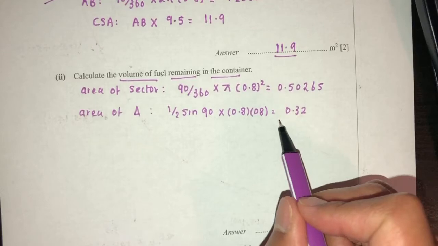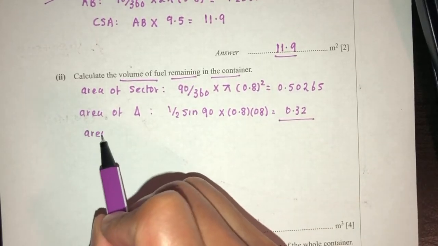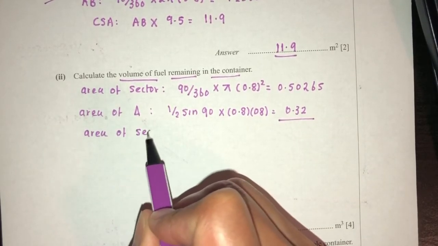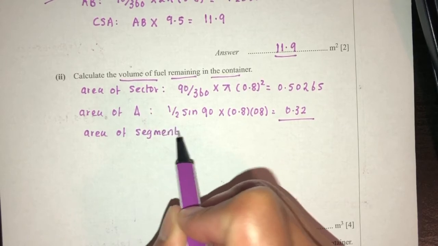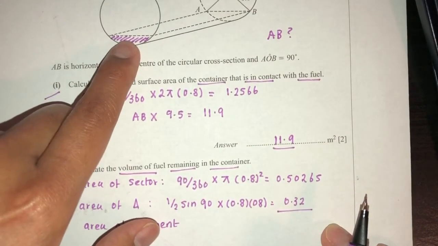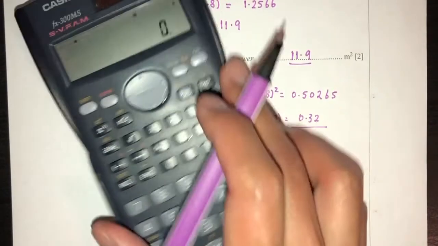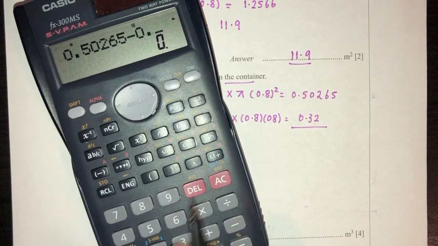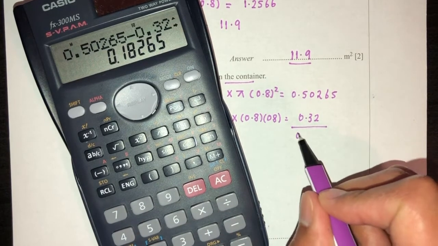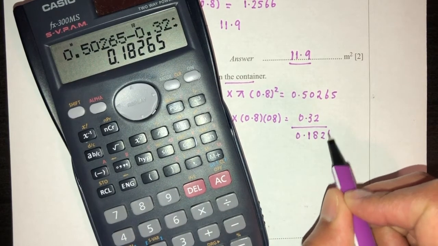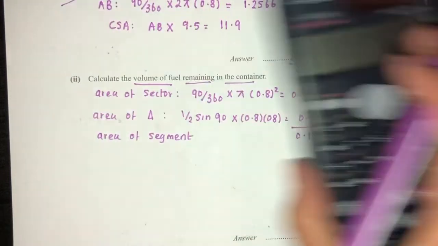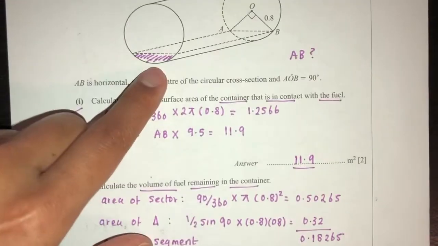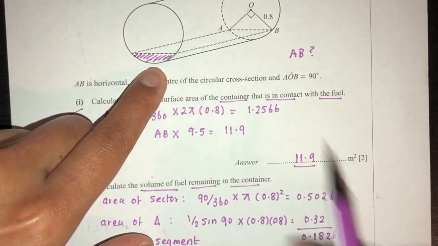So from this you have the area of segment. This is the segment that we need for this container. That will be 0.50265 minus 0.32, which is 0.18265.